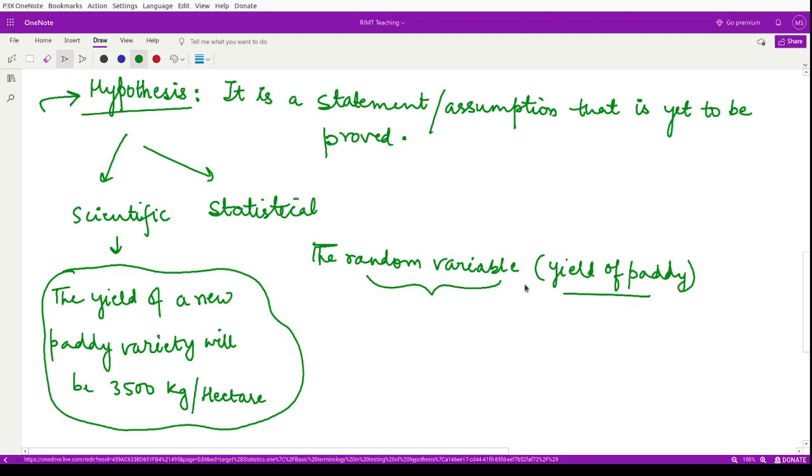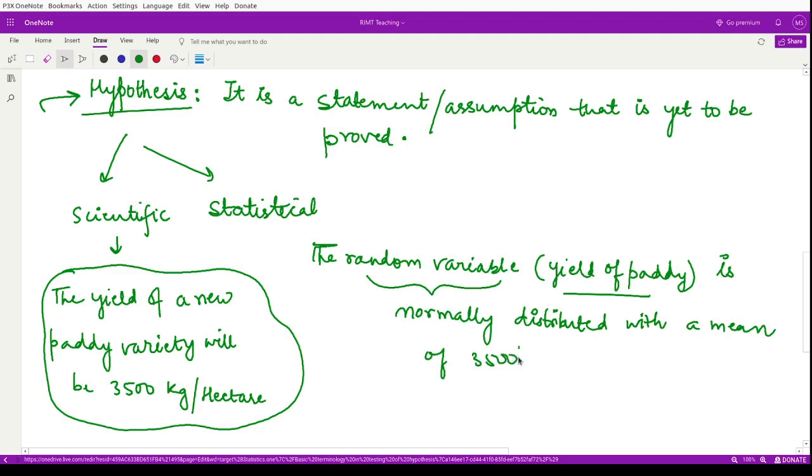So this random variable we will say is normally distributed with a mean of 3500 kg per hectare, right?